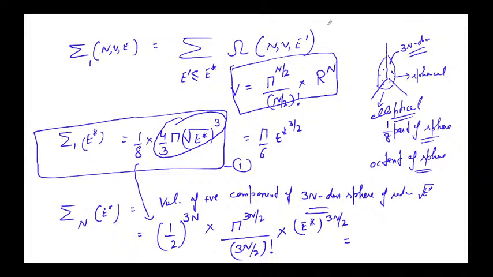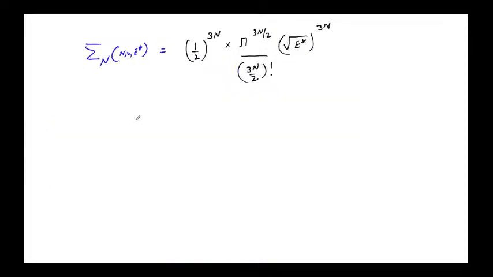If we open this square root, the equation becomes E star to the power 3N by 2. So what we have to do is change all the powers to the order of 3N by 2. How can we change all these powers from 3N to 3N by 2?